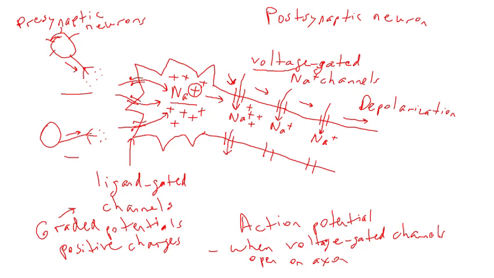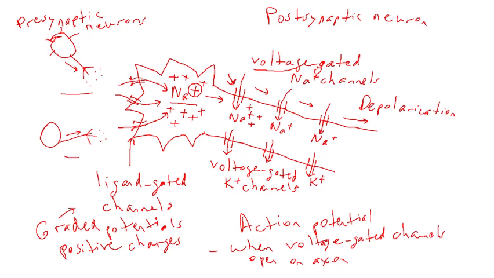Now when these potassium channels open, and these are also voltage gated, so they're opening when the inside has become too positive. Voltage gated potassium channels open. Now when the potassium comes out, it takes the positive charges from the inside of the cell to the outside.